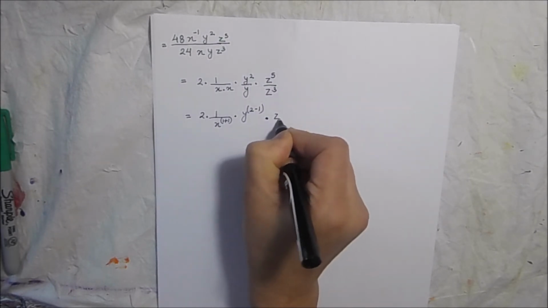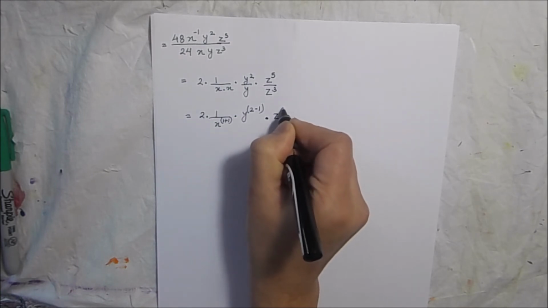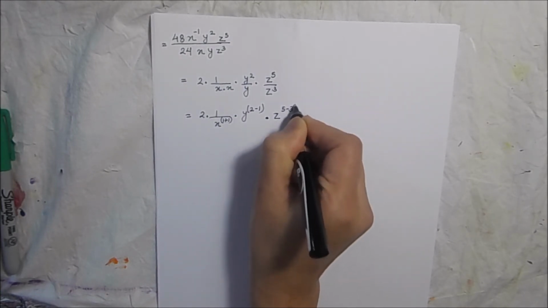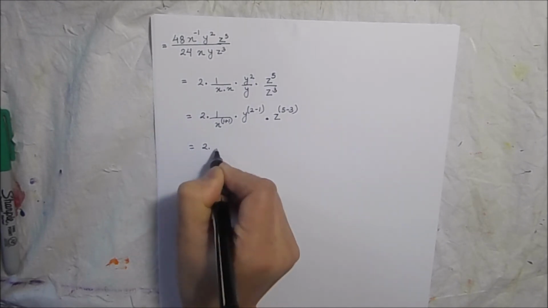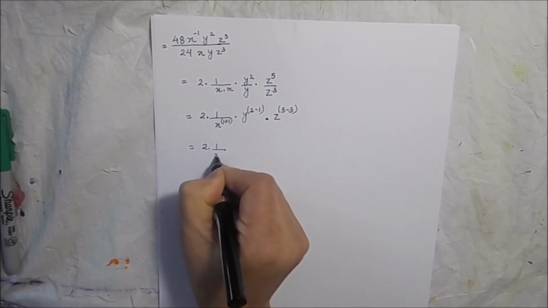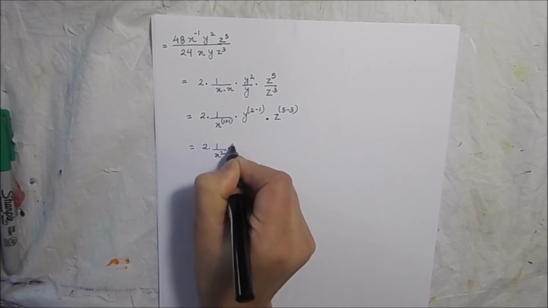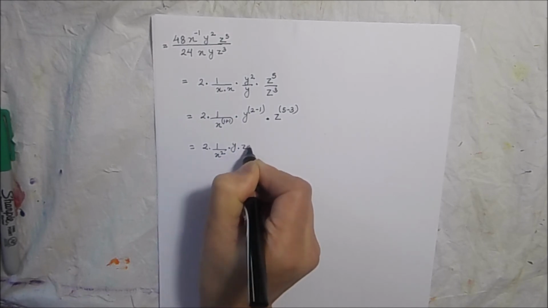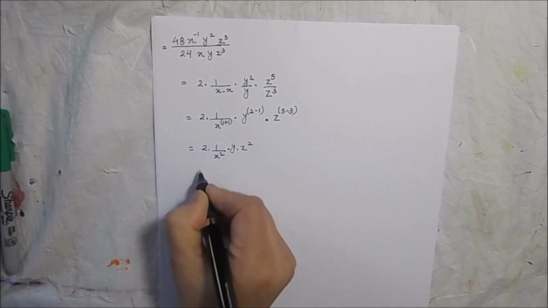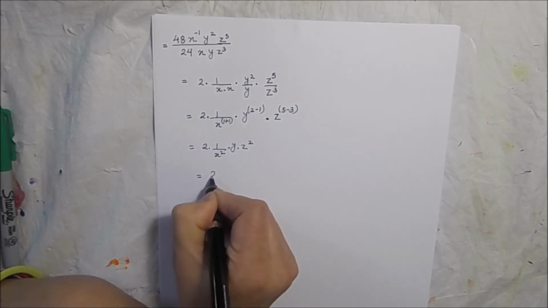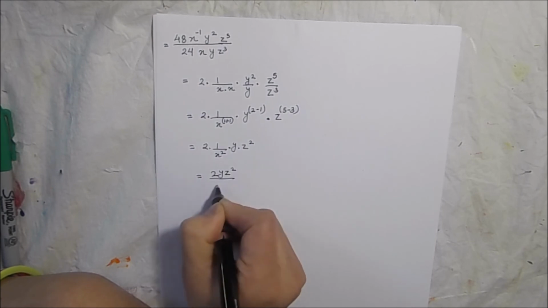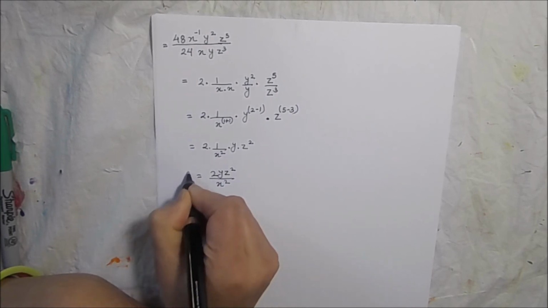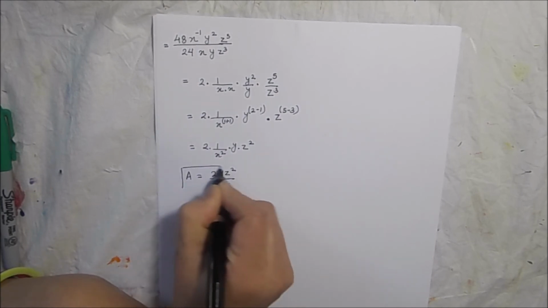Same here for z, numerator power minus the denominator power. So here we get 2 times 1 over x square times y times z square. So our final answer is 2y z square over x square. This is our final answer.